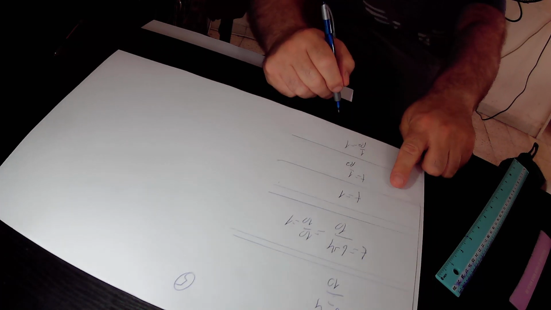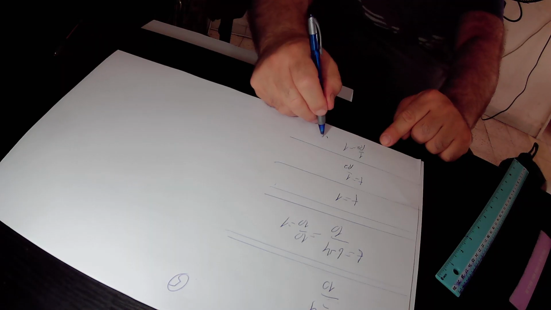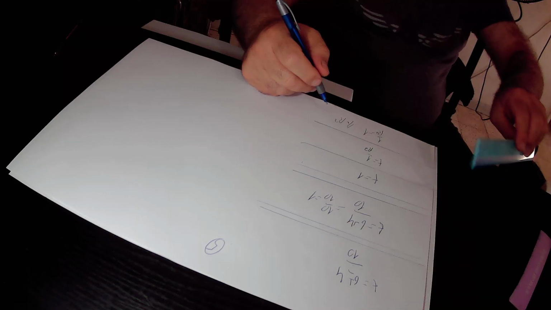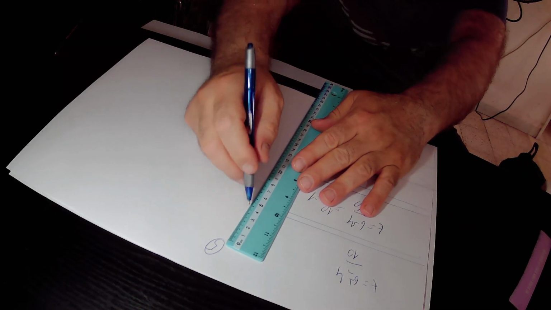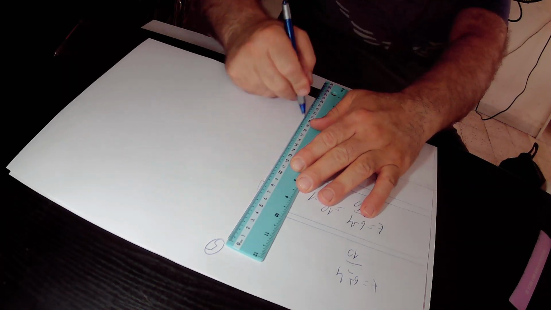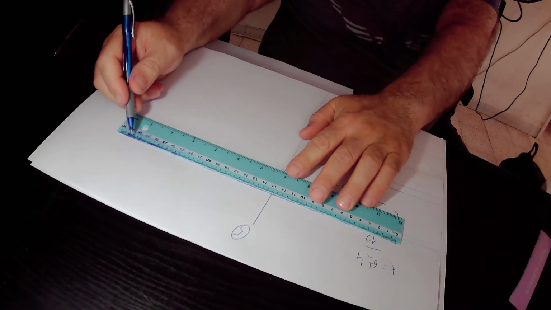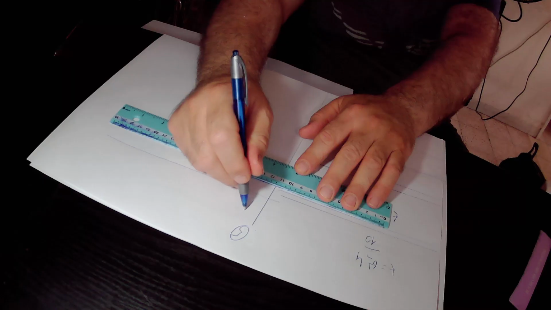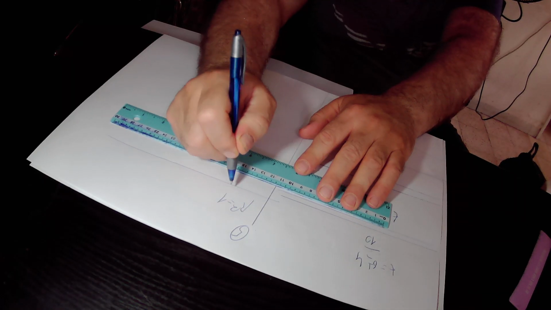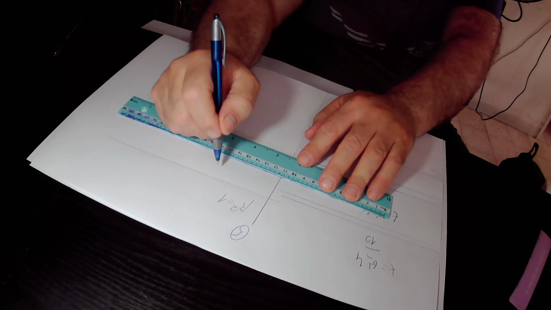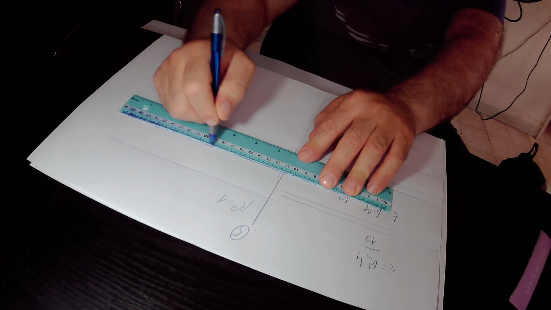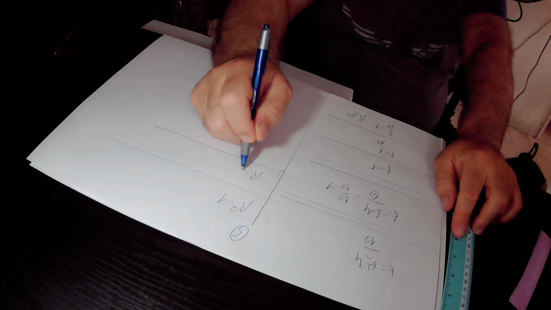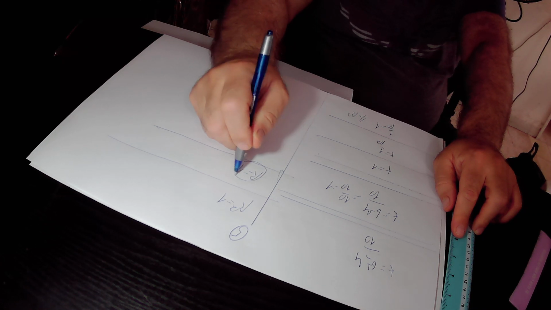Here we multiply this equation by r squared, and we get that r squared equals 1. Taking the root of this equation, we finally get that the radius r equals the square root of 1, that is 1.